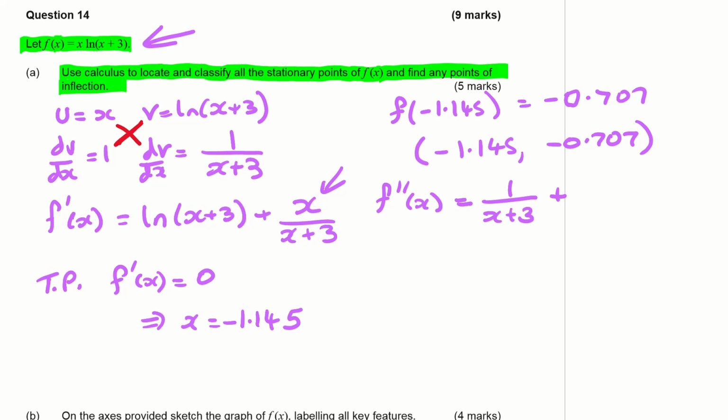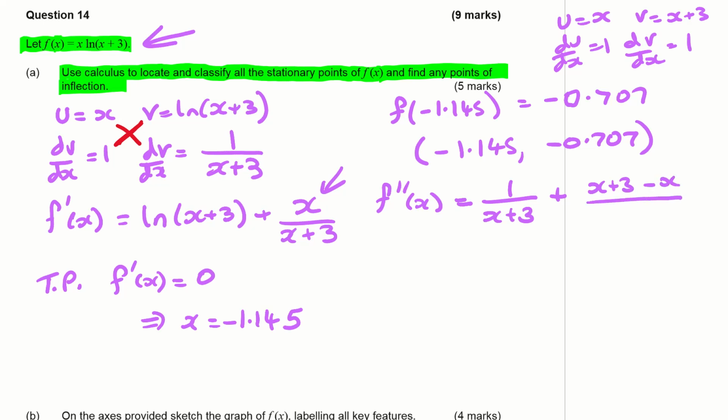So for that quotient, u is equal to x, v equals x plus 3, du dx equals 1, dv dx equals 1. And so we get v du dx, which is x plus 3, take away u dv dx, which is x, over x plus 3 all squared. So that's 1 over x plus 3 plus 3 over x plus 3 squared.